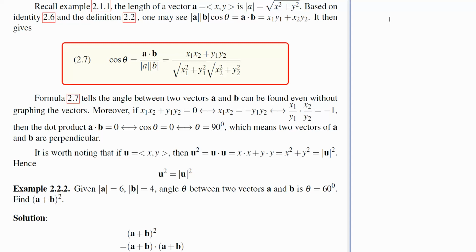Now we know that if A dot B is 0, or if we say x1 x2 plus y1 y2 is 0, then what we get will be actually cosine theta is 0.